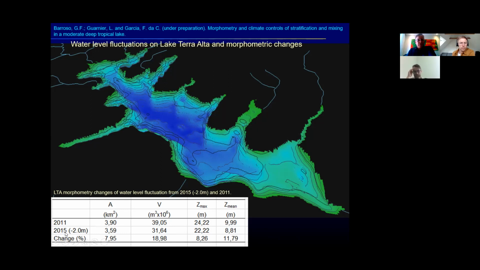And the scenario of 2015 with 2 meters less of water column, a decrease of 7.9% of lake area and 18.9% of lake volume, 8.2% in maximum depth, and 11.8% in terms of mean depth in the lake. So then the question arises about what these effects are in terms of lake metabolism, lake functioning.